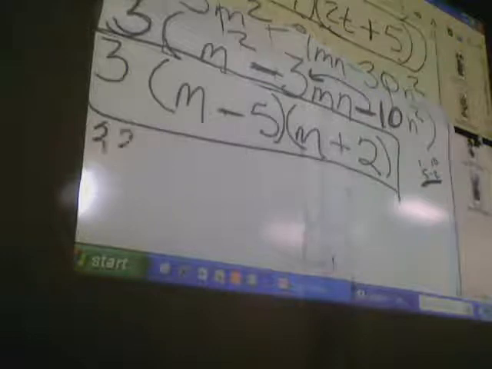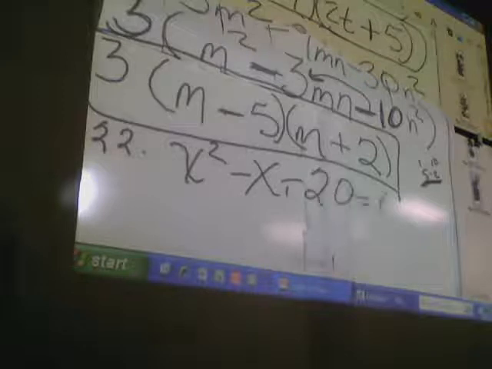Okay, 22. X squared minus x minus 20 equals 0. It says to solve. We still have to factor.